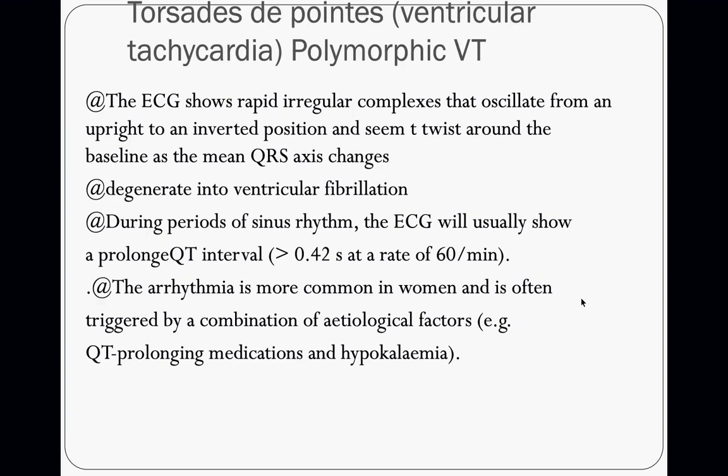ثاني شيء significant بيها during period of sinus rhythm the ECG will usually show prolonged QT interval. وهي هاي more common in women and often triggered by a combination of etiological factors. شنو هي يعني هذه الكونديشن بيها specific trigger اللي إذا أنت صلحتها ممكن المريض يصير زين. شنو هي؟ أولا QT prolonging medication. بعض الأحيان أكو medication يسوي QT prolongation راح نحكي عليها بعد شوية.